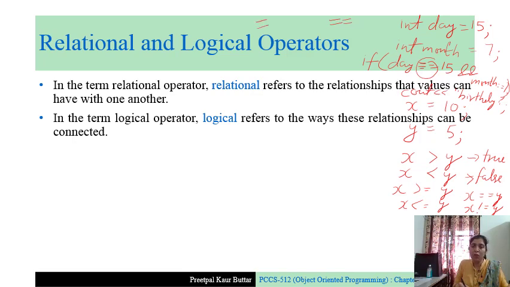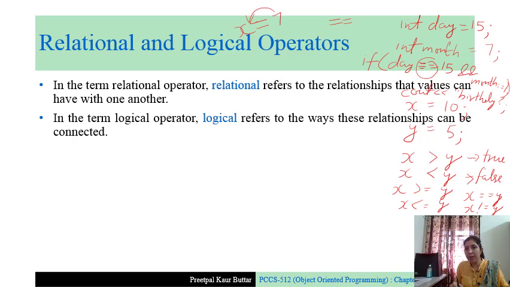The single equal to token is used to assign values. This is the assignment operator which we discussed earlier. It is used to assign a value to a variable. So these two are different, and you have to take care while using the assignment operator and the equal to operator.